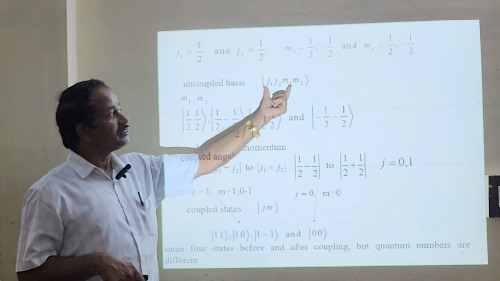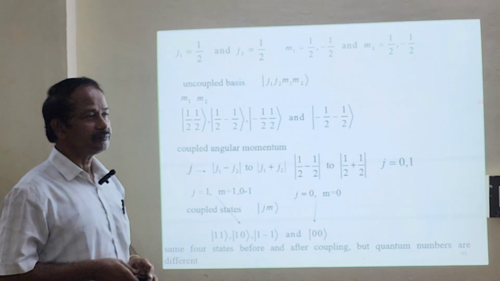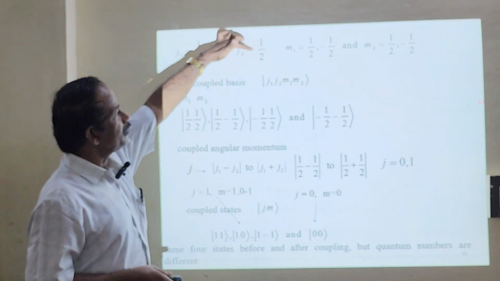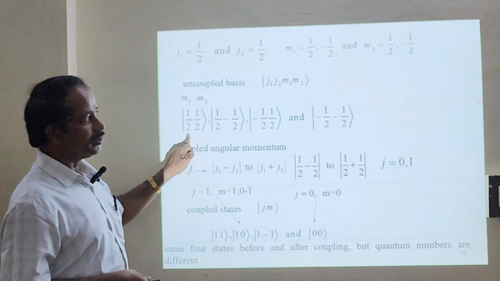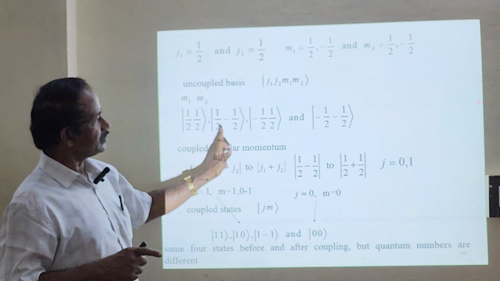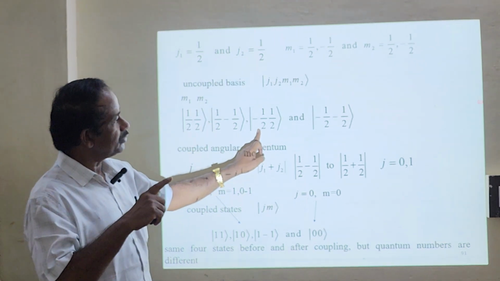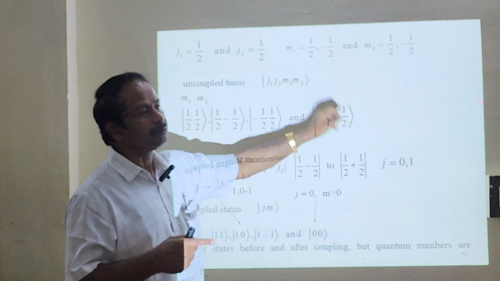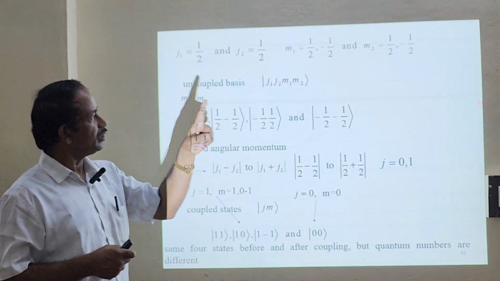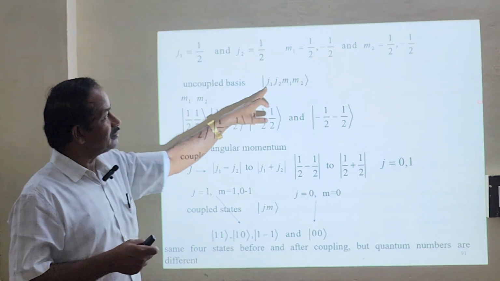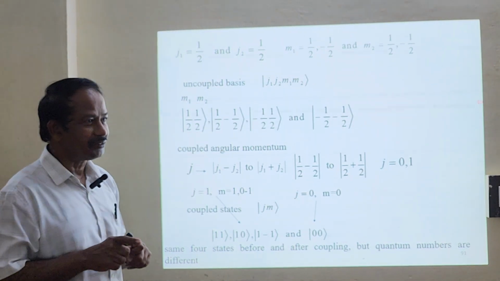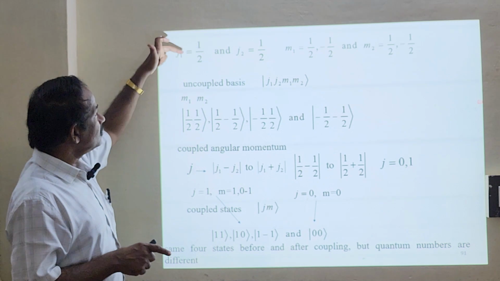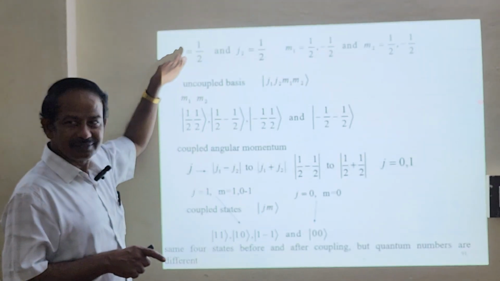So for the uncoupled basis, this will be J1, J2, M1, M2. So you will have 1/2, 1/2, 1/2, minus 1/2, correct? Then minus 1/2, minus 1/2, and so on for M1, M2. As I said earlier, J1, J2 will be constant throughout.